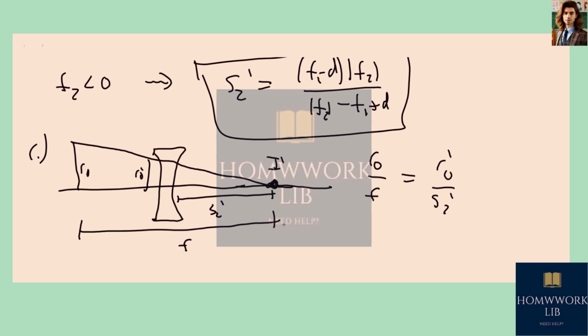Let's rearrange this. r0 over r0 prime equals f over s2 prime. If we combine this with what we found from the first part, we know that this is f1 over f1 minus d.